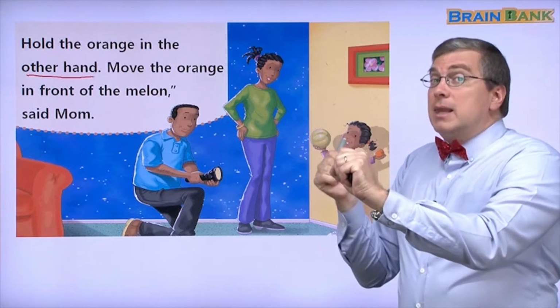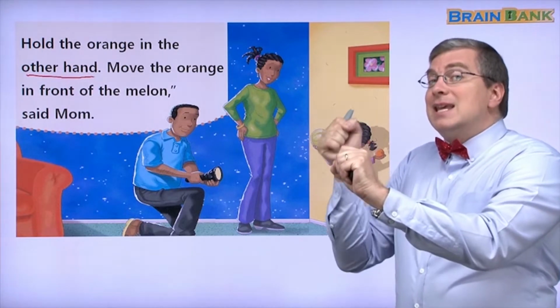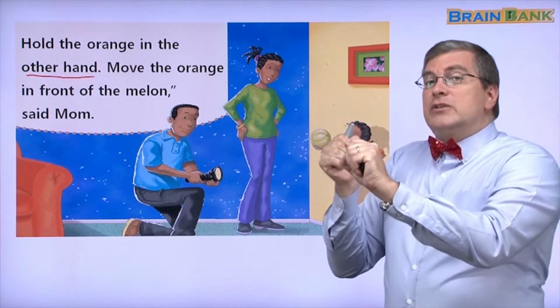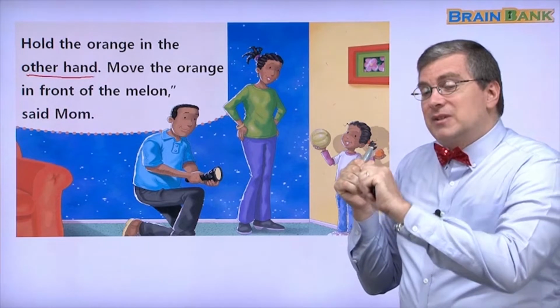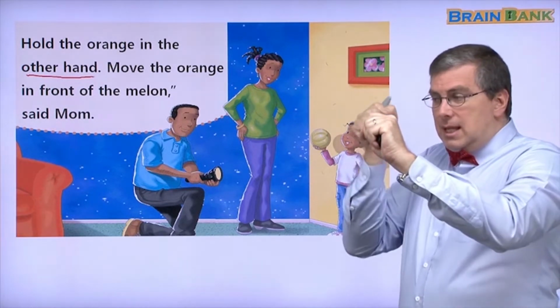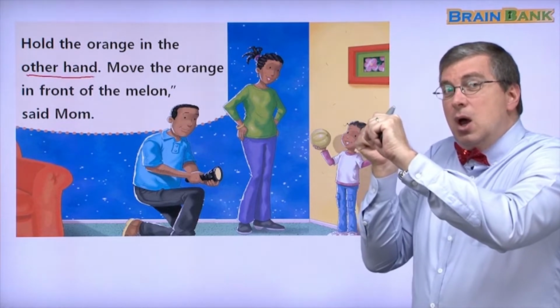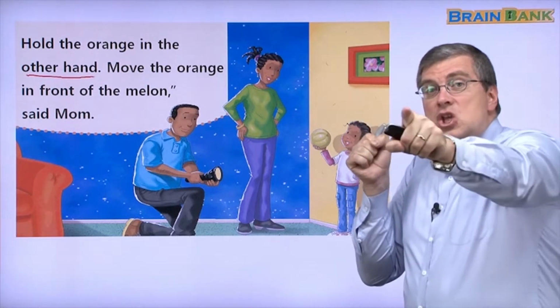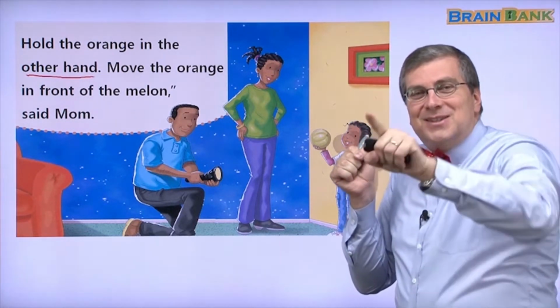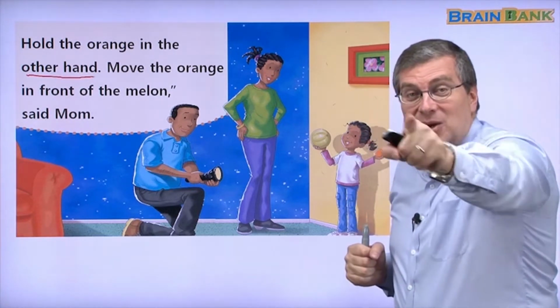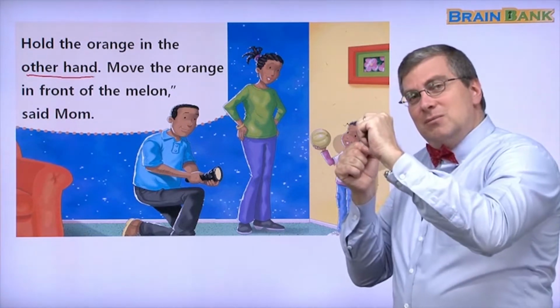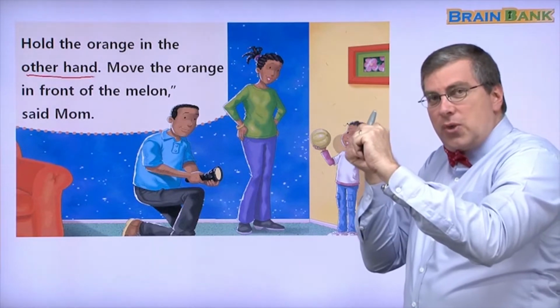What is the melon? The melon is the earth. So in an eclipse, here is the moon, and here is the earth behind the moon. Where is the sun? You are the sun. The sun is there, where you are. Here is the moon, here is the earth. Okay?